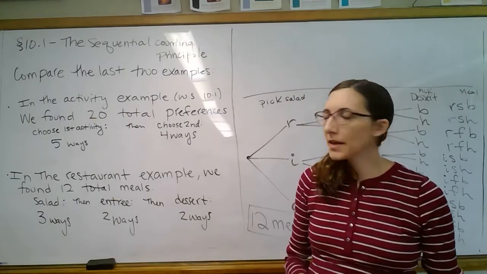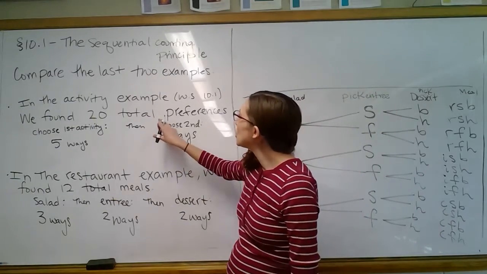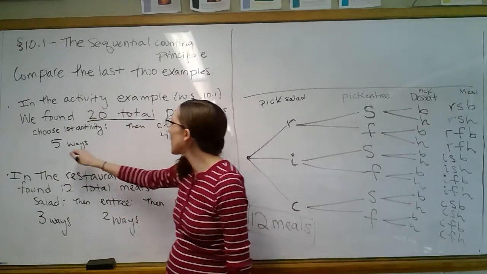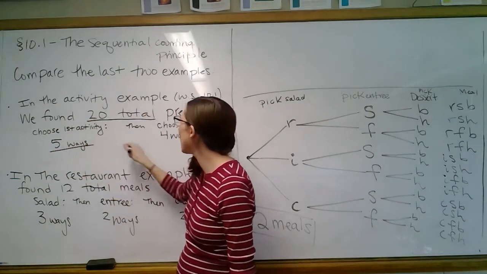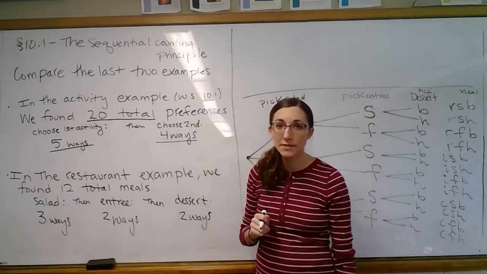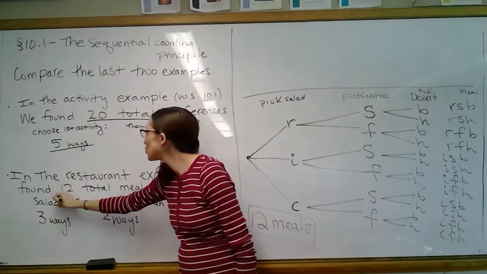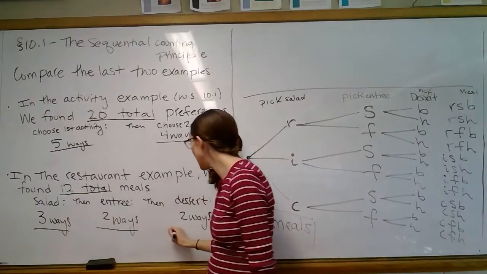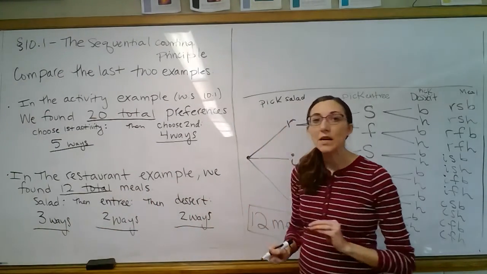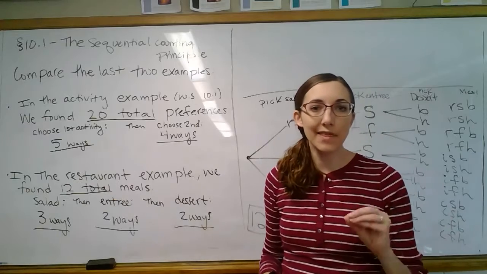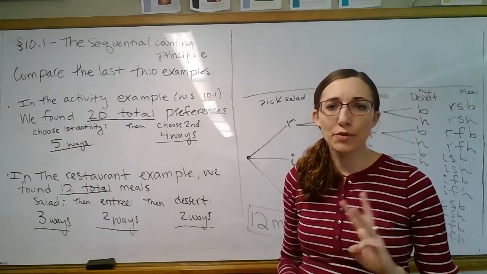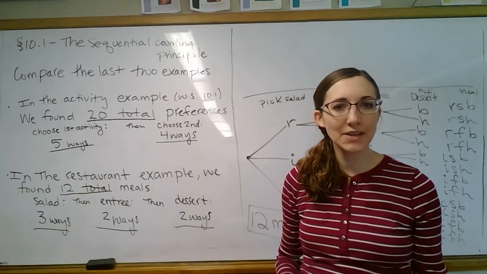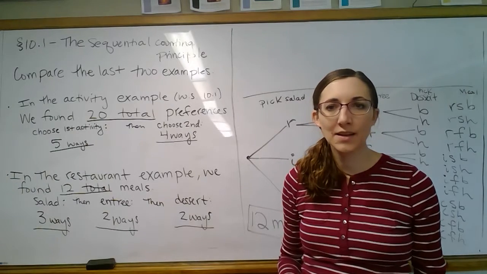So again, let's try and think about this, right? We had 20 total, where this one broke down into 2 things, 5 ways and then 4 ways, whereas this one was 12 total, and we had 3 ways, 2 ways, 2 ways. It broke down to 3 chunks, this thing, then this thing, then this thing, with 3 and then 2 and then 2. Do you see the pattern yet? Can you try and think through what it is?